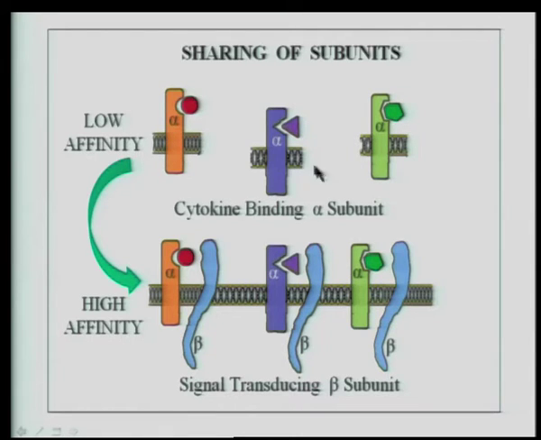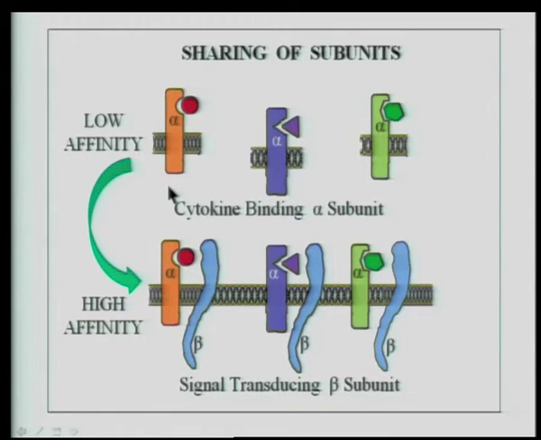The alpha subunit is anchored into the membrane and binds to its specific cytokine, but this binding is one of low affinity. In other words, it is not very tightly bound. The Kd values, the dissociation constants, are less.